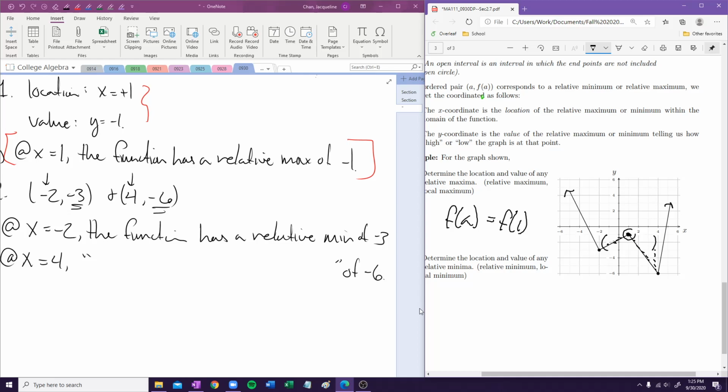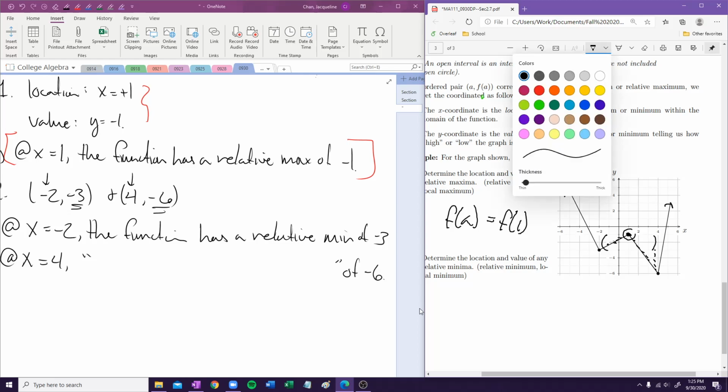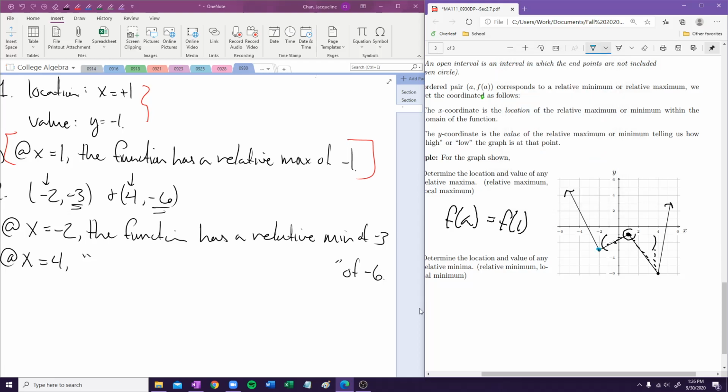It is less than f of 1, which is -1, okay? And as you can see, these are -2, -3, -5. All of these y's are less than this.